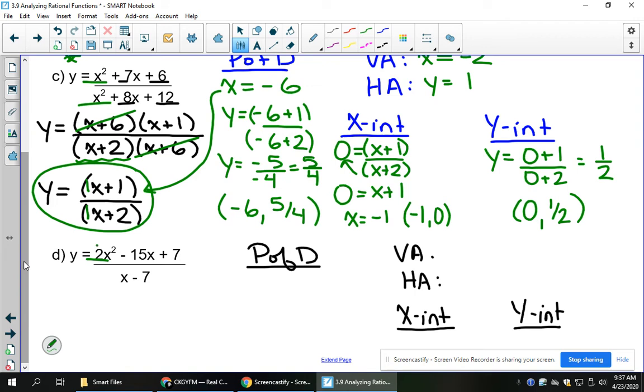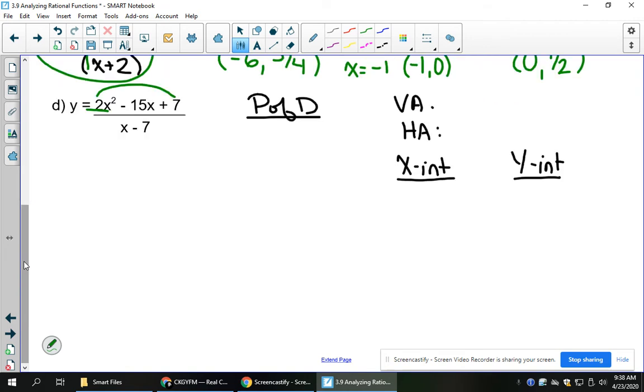So I want you to find two numbers that multiply to 14, add to -15. Pause the video if you need to. Those two numbers are going to be -1 and -14. I'm going to write the first term and the last term, and in the middle, I'm going to write my magic numbers with x.